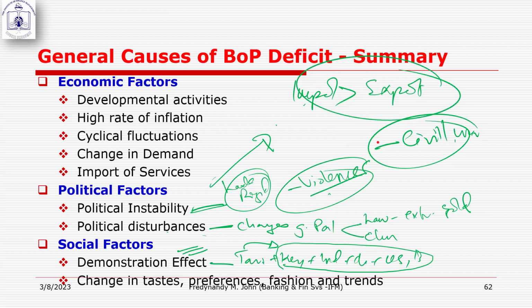And now you know what's going to happen there. Change in taste, preferences, fashion, and trends of the consumer can as well affect the volume of exports of your products. And so you may end up with a deficit.